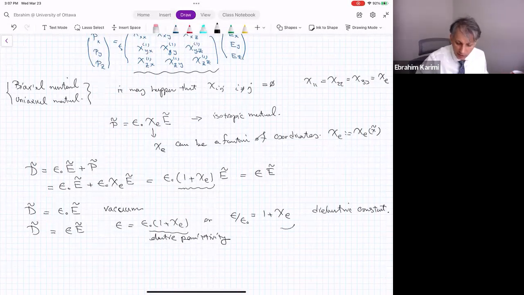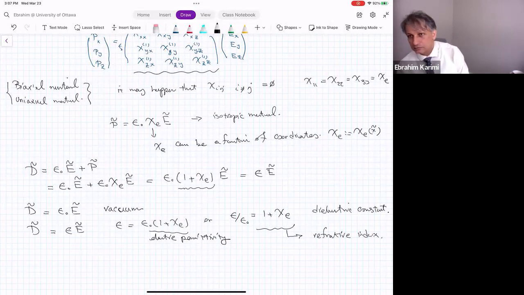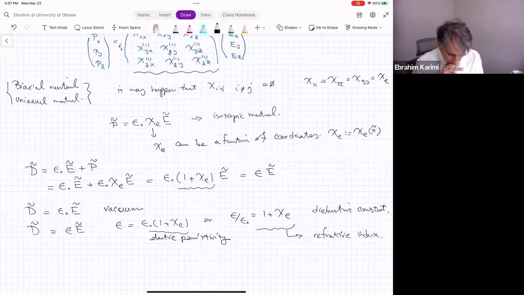From this, we will see in the next two lectures that we can define the refractive index, which is n, or essentially n squared here. All right. Beautiful. So just learn and digest these properties of materials.